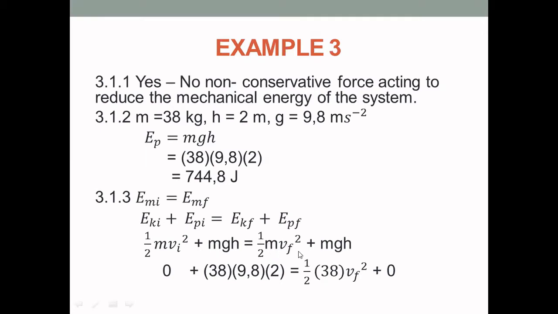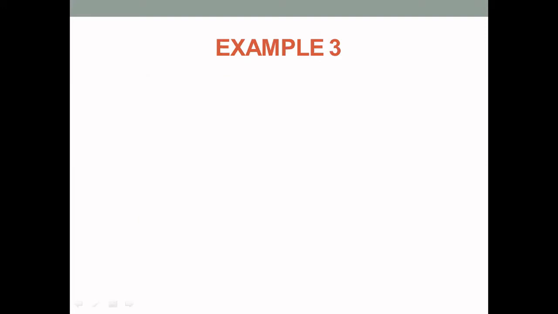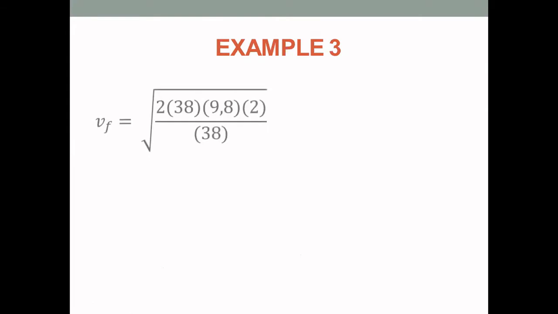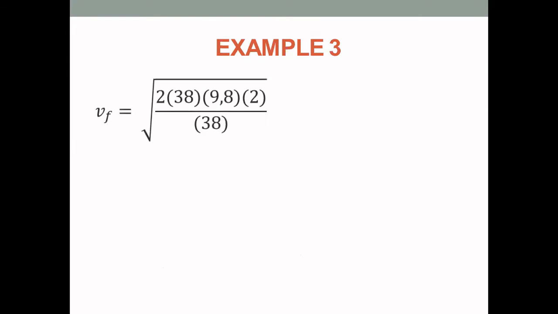The final velocity is what we are looking for. The height is 0 finally, so the final potential energy is 0. Then we need to make v the subject of the formula. You multiply by 2 on both sides, divide by the mass, and apply the square root on both sides. Then you get the final velocity, which is 6.3 meters per second.